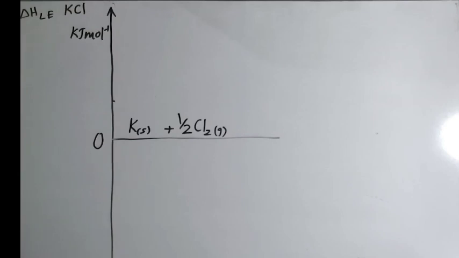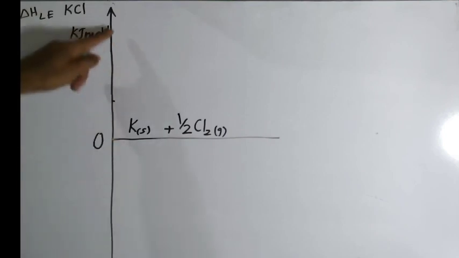Now let us look at the values. The enthalpy of sublimation for solid potassium is 89, the enthalpy of dissociation for chlorine is 244, and the enthalpy of ionization for potassium is 480. So ionization has the largest value, so it should be placed in this level.